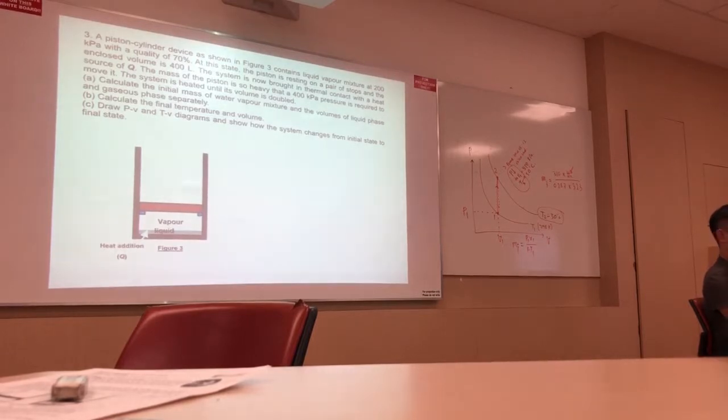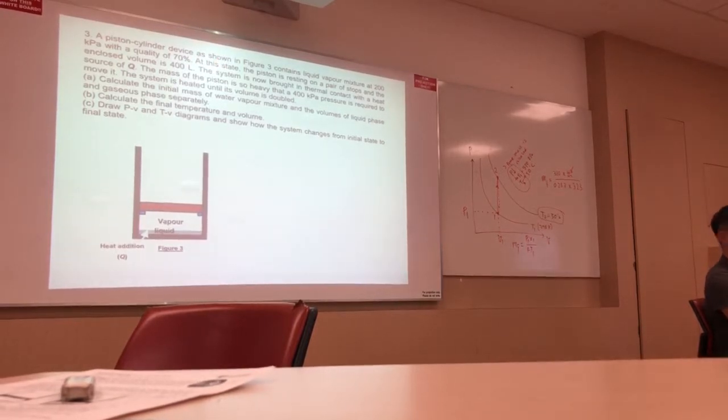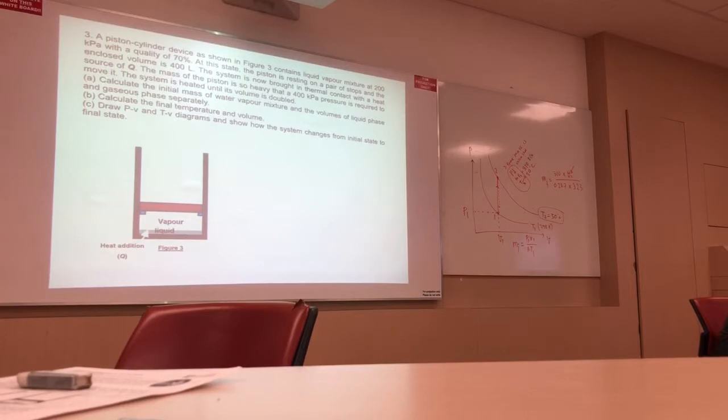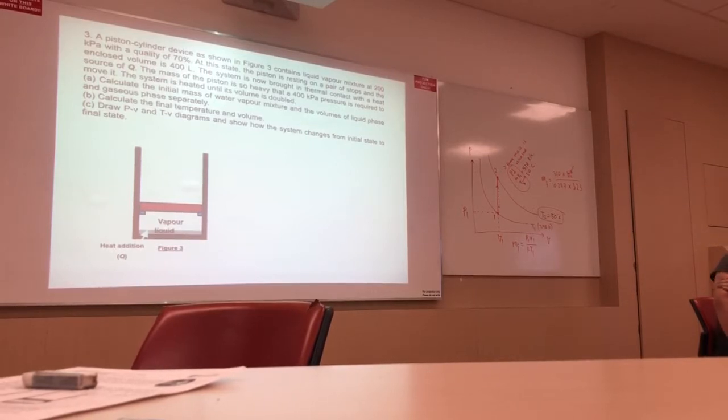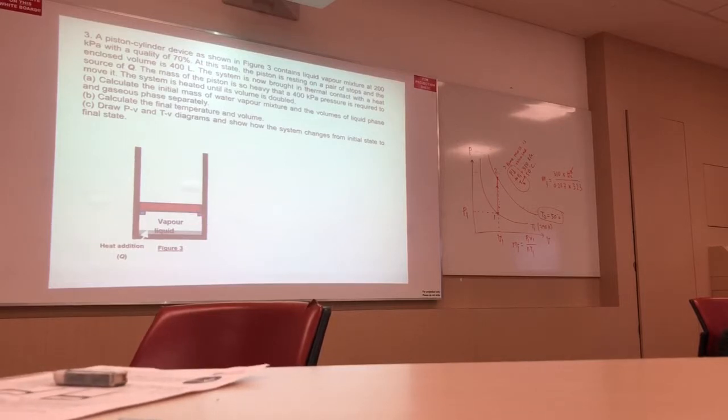Take a look. A piston cylinder device as shown in this figure contains liquid vapor at 200 kilopascal with the quality of 70%. At this stage, the piston is resting on a pair of stops and the enclosed volume is 400 liter or 0.4 meter cube.